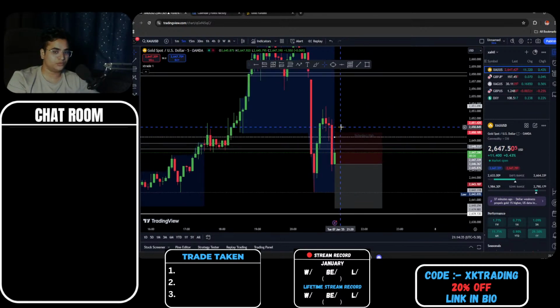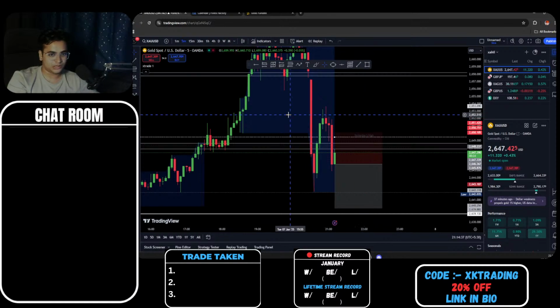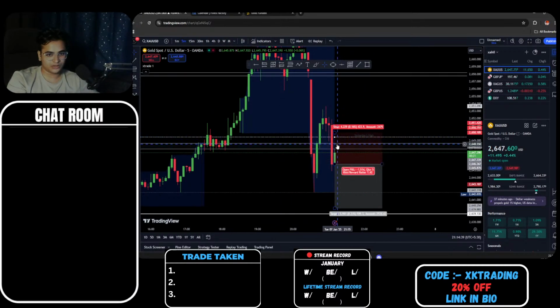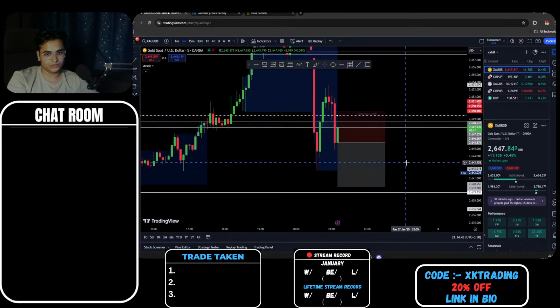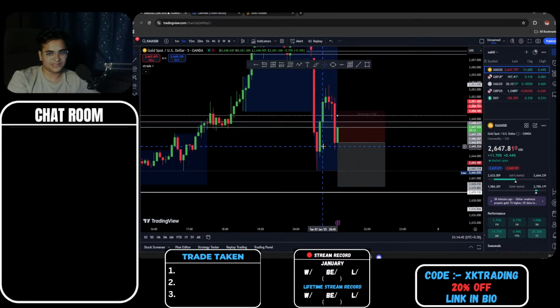If we had enough volume to move up, we should have done it here, or at this point. But I think we should be going down now. Let's see. I mean, analysis can be wrong sometimes.